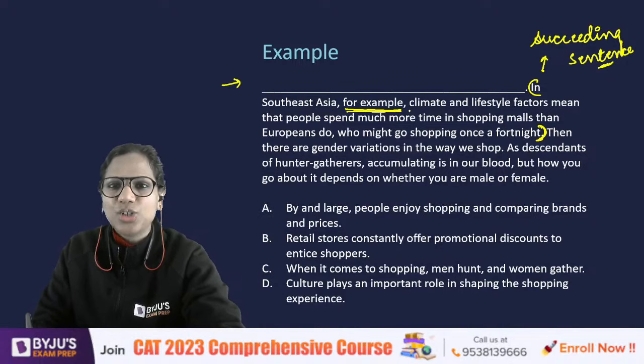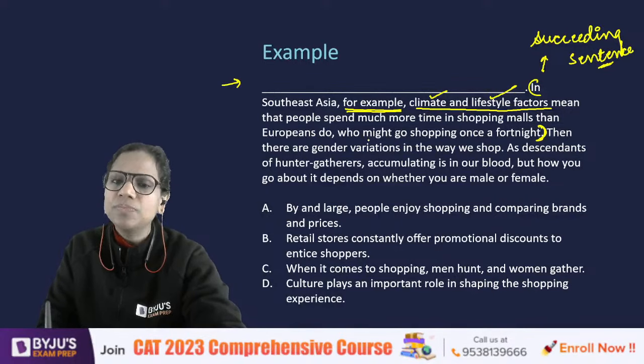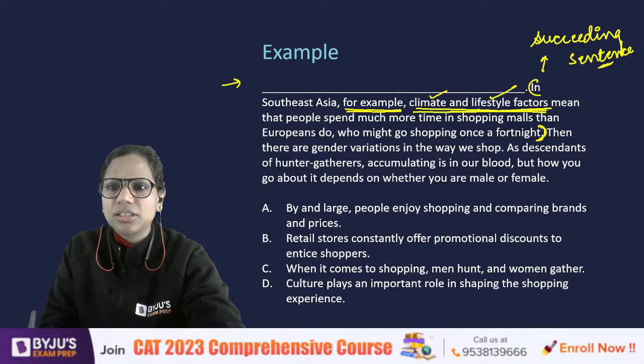In Southeast Asia, for example, climate and lifestyle factors mean that people spend much more time in shopping malls than Europeans do, who might go shopping once a fortnight. So when we say lifestyle factors, these are an example of cultural factors, yes? The culture that exists in a place.